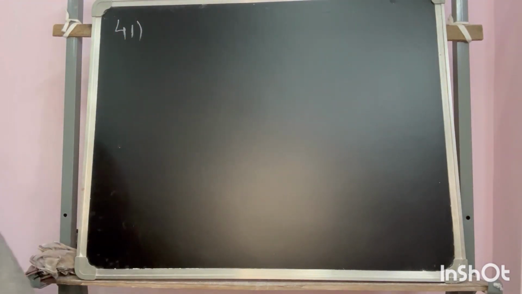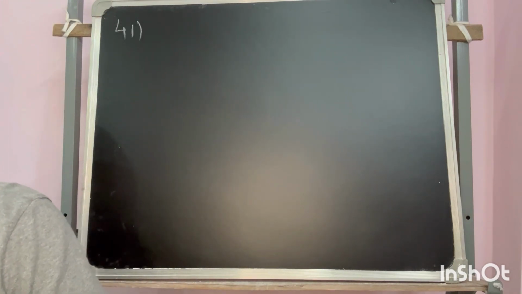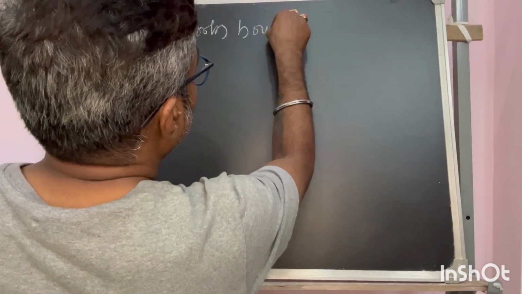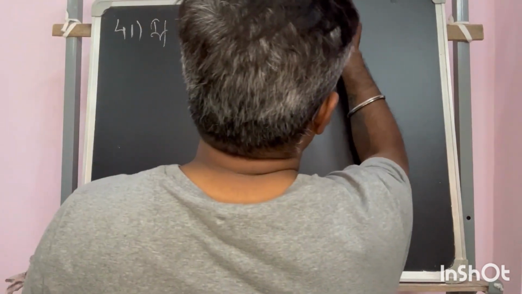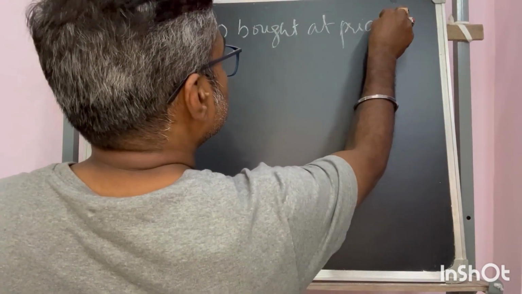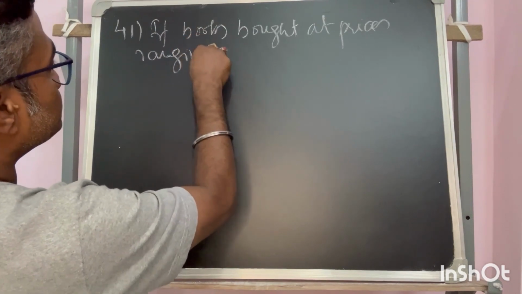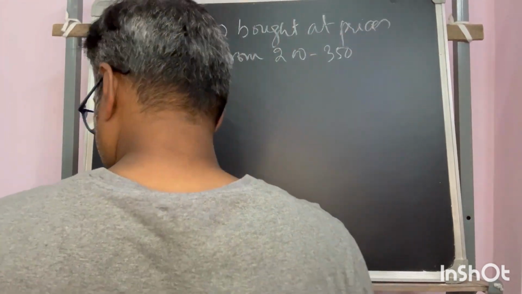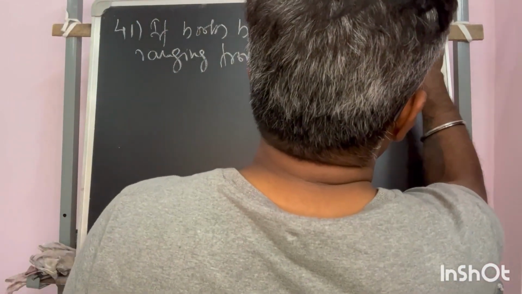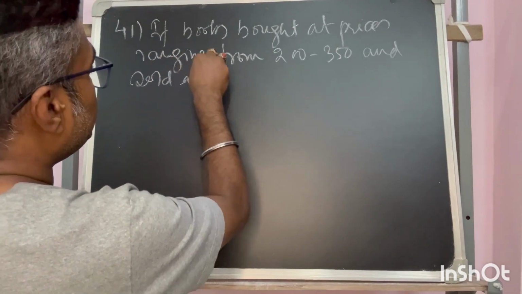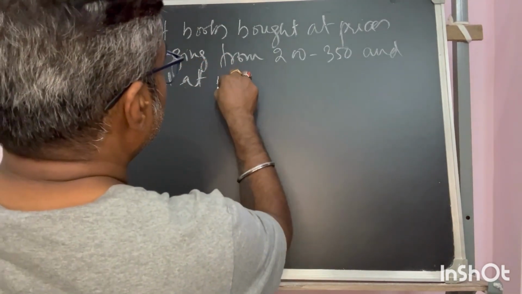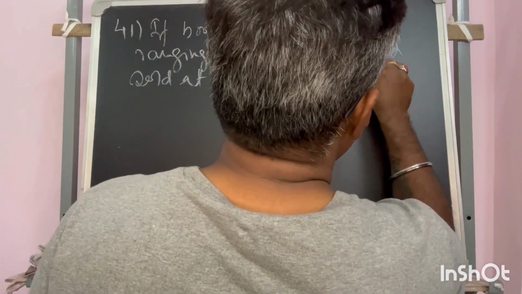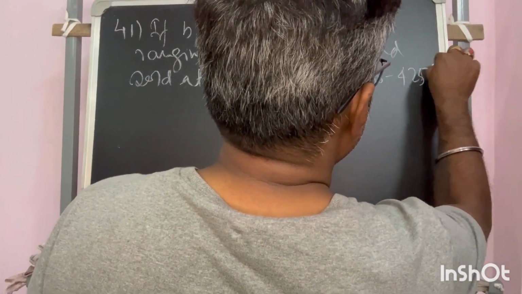The problem number 41 says, if books bought at prices ranging from 200 to 350 and sold at prices ranging from 300 to 425, this is the range.